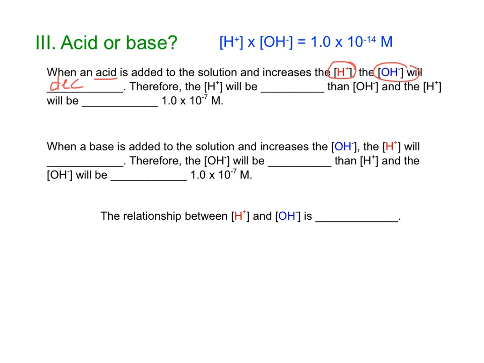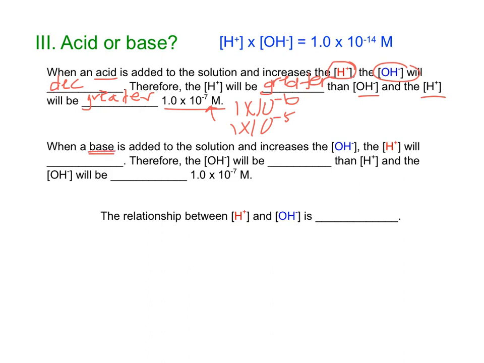If the solution is acidic, we can expect that the hydrogen concentration will be greater than the hydroxide concentration, and that the hydrogen amount will be greater than our 1 times 10 to the negative 7th. We've already talked about those exponents that you're going to see like -6 or -5. These are showing higher amounts of hydrogen.